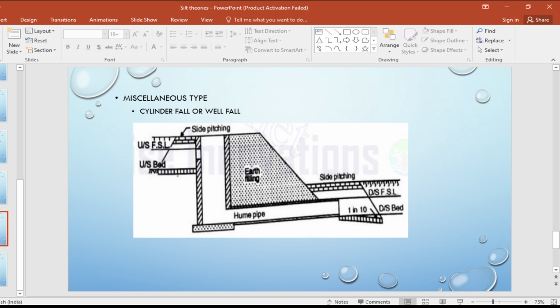For class 3, we can use rectangular notches exclusively, because trapezoidal notch we cannot use here, and they can be served as a regulator.